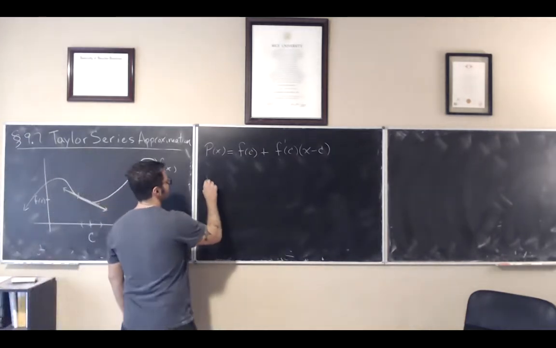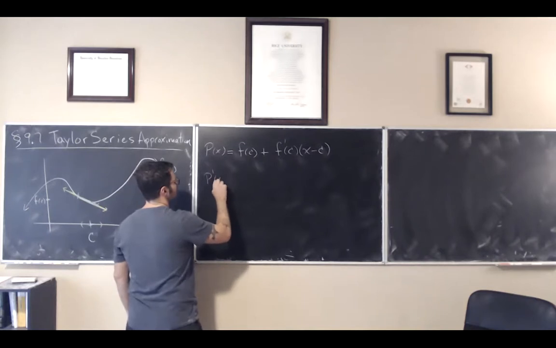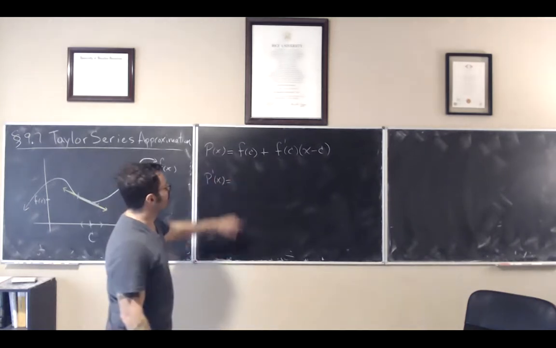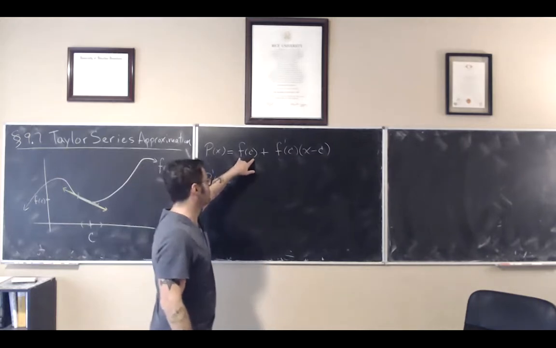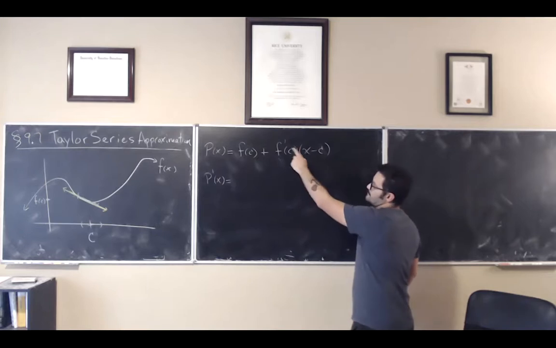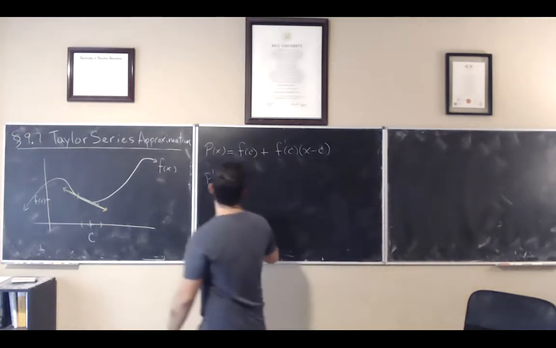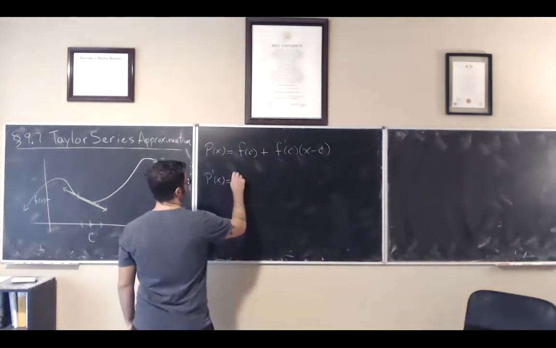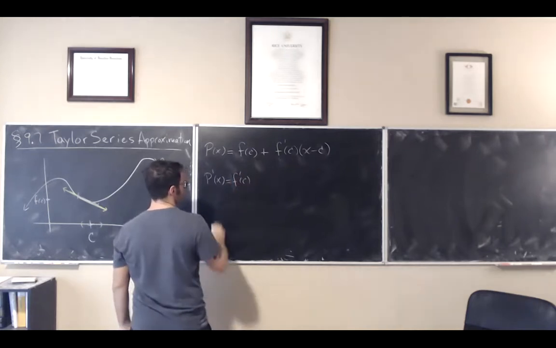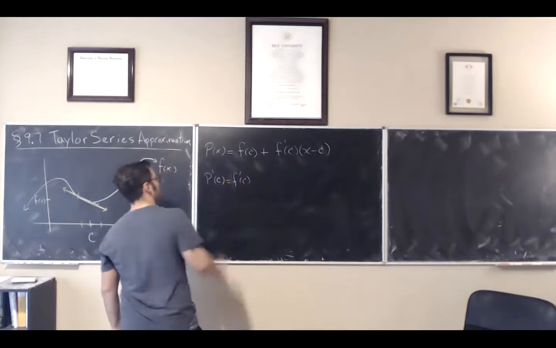What's the derivative of this polynomial? The constant goes to 0, and it's just the coefficient of x, which is f prime of c.